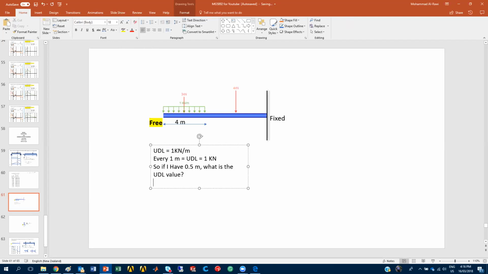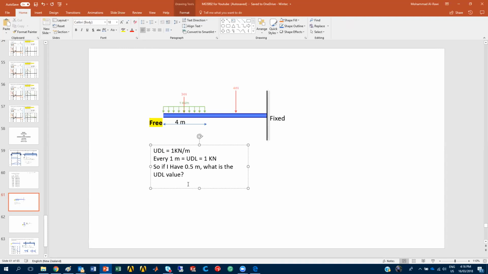Try to find it now. Can you put this on the chat? Answer this question using the chat. All right, yeah, correct. Perfect. So there is always a correlation between the length of the beam and the weight of the beam.